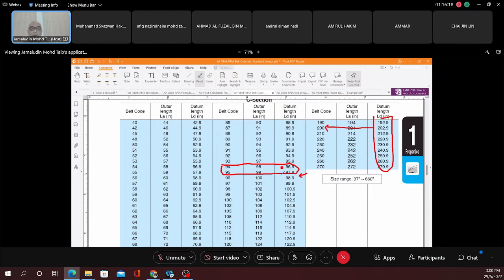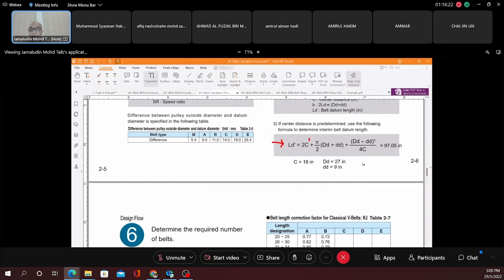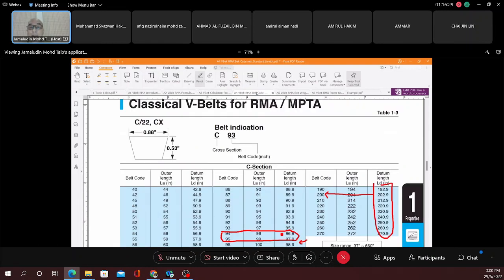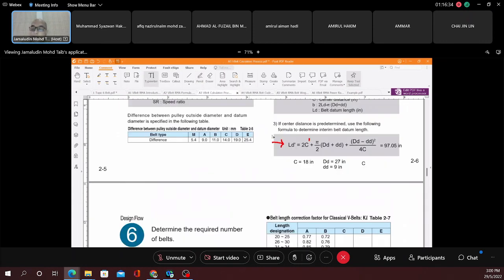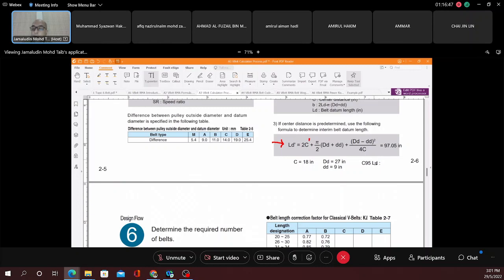So based on this, we're going to choose C95, right? C95 with the LD of 97.9, from table A4.